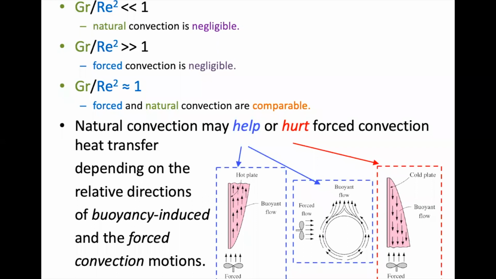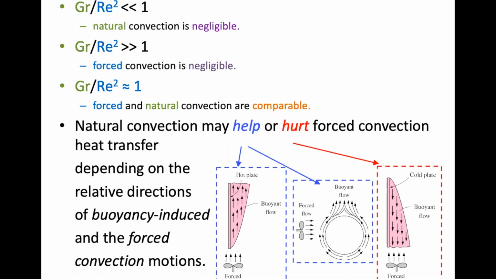If it is much, much bigger than 1, forced convection is negligible. And if the ratio is equal to 1 or approximately 1, like 0.8, 0.9, right? Forced and natural convection both are competitive.